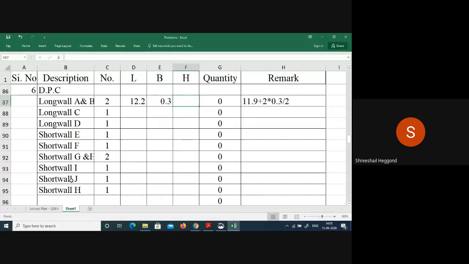Height is not considered for calculation because it is a square meter quantity.